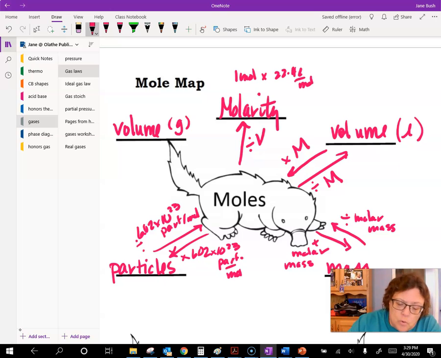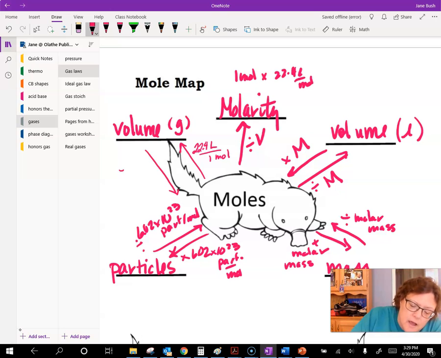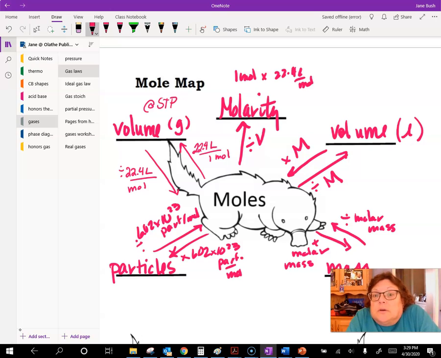So if we know moles, we can multiply times 22.4 liters in 1 mole, and we'll get a volume. And if we know volume, we can divide by 22.4 liters for each mole, and we get moles. Okay? That is at STP. If it's not at STP, then you're going to have to do something different. But that is at STP, that relationship works.